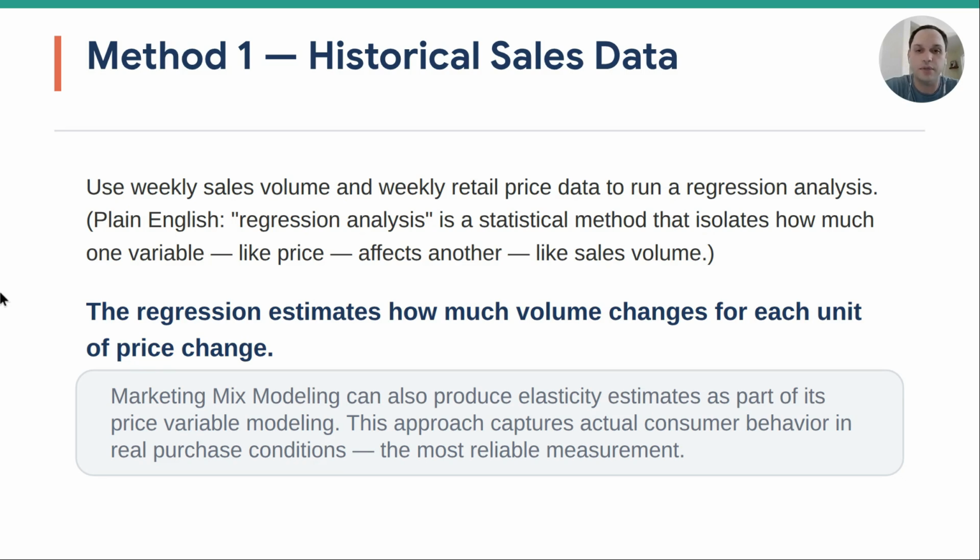This approach captures actual consumer behavior and real purchase conditions, which makes it the most reliable measurement. Marketing mix modeling, which we covered in a previous video, can also produce elasticity estimates as part of its price variable modeling. So if you're running MMM anyway, elasticity often comes out of that same analysis.